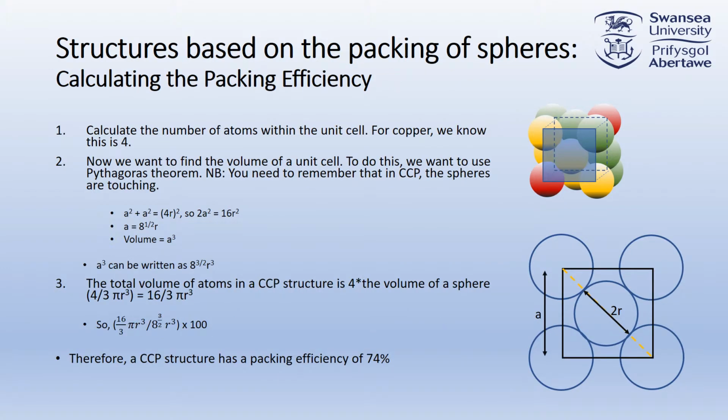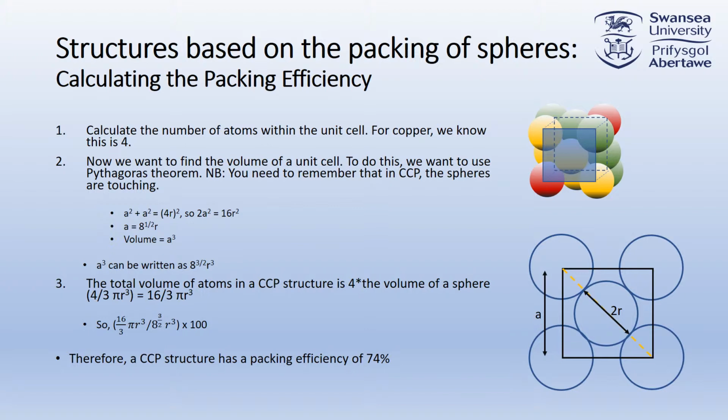So to work out a packing efficiency, we basically want to look at the ratio of the total volume of the spheres within the unit cell over the total volume of that unit cell times by 100. So if we work this out, a cubed, or the volume, can be rewritten as 8 to the power of 3 halves times r cubed.